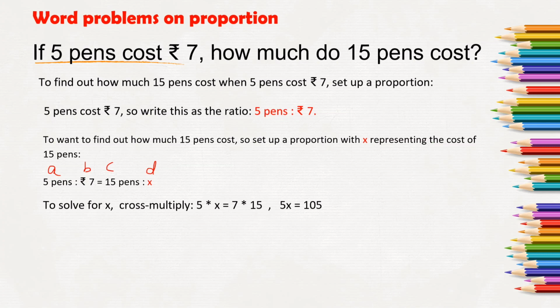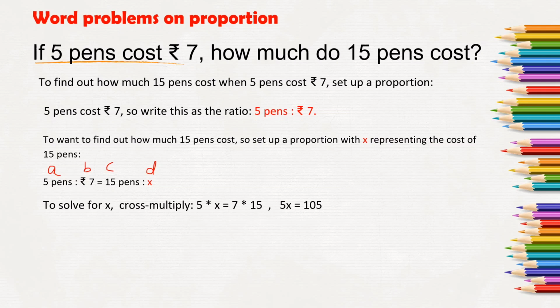So 7 into 15. 5 into x, that is a into d, and b into c, that is 7 into 15. So when we multiply 5 into x, it will be 5x. Then 7 into 15 will be 105.